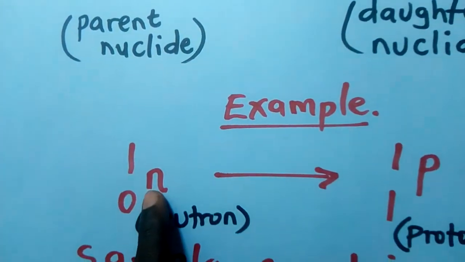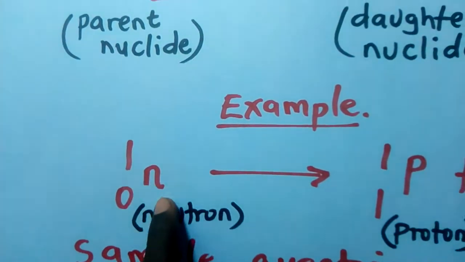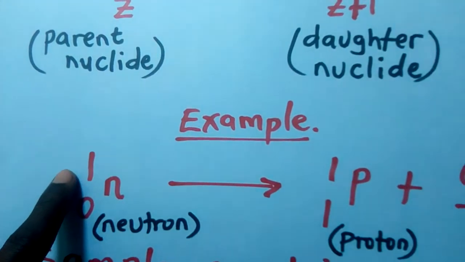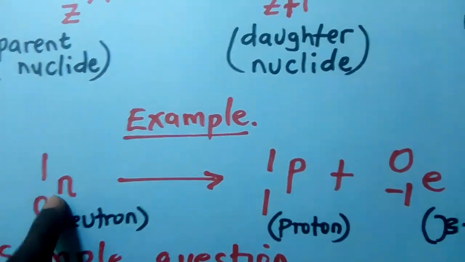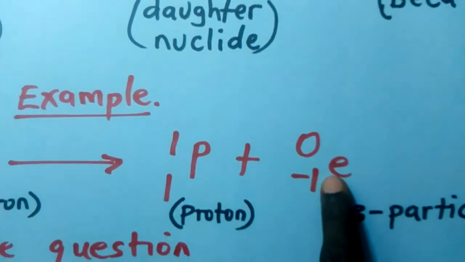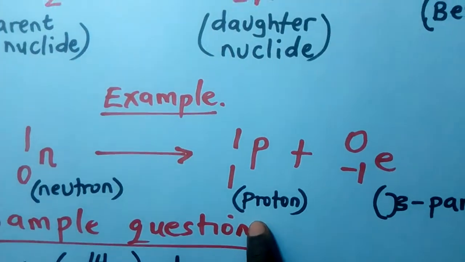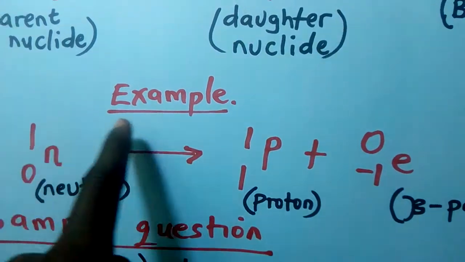Let's look at an example of such a decay. Here we have a neutron. A neutron is letter N. It has atomic number 0. The mass number is 1. So if a neutron decays by producing a beta particle, you see this is a beta particle because it is a beta decay. When you balance, this will be the daughter. The daughter will be a proton. We said the mass number does not change.